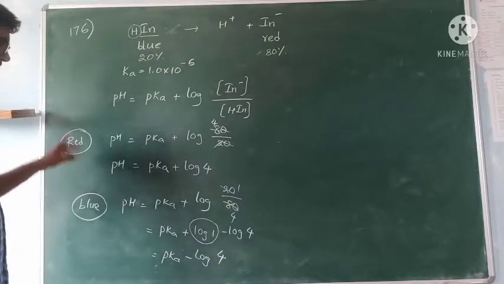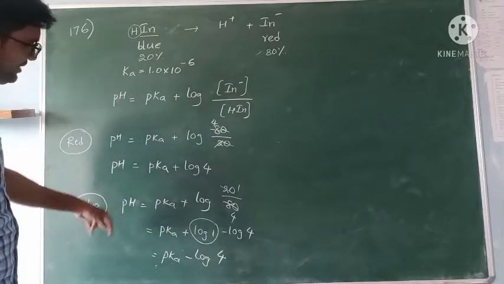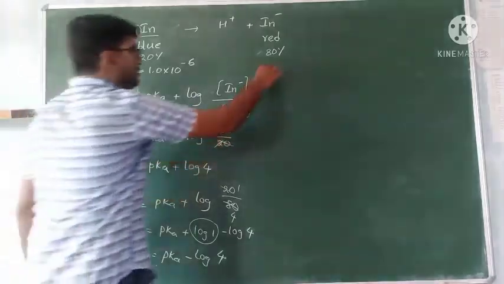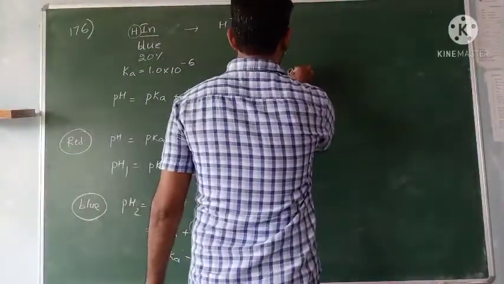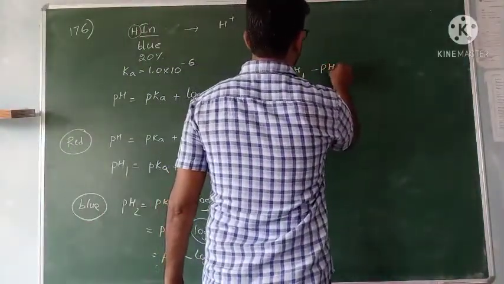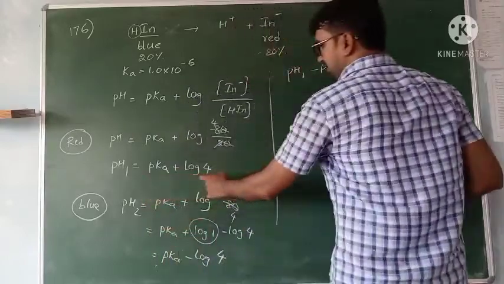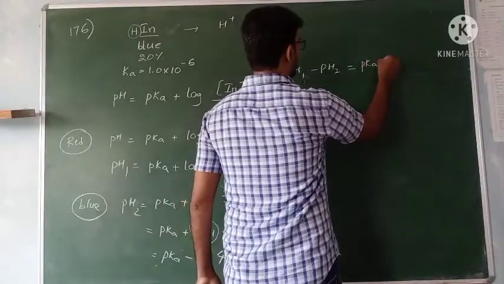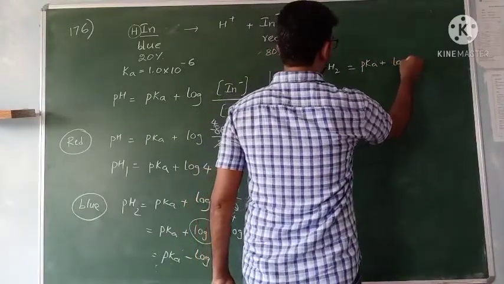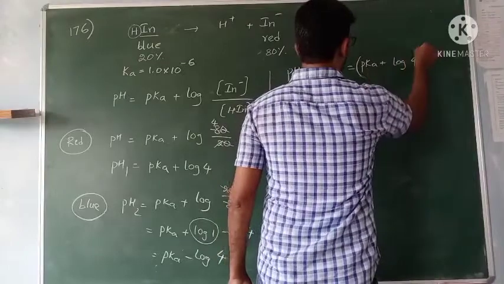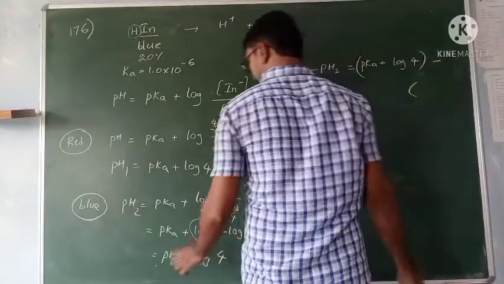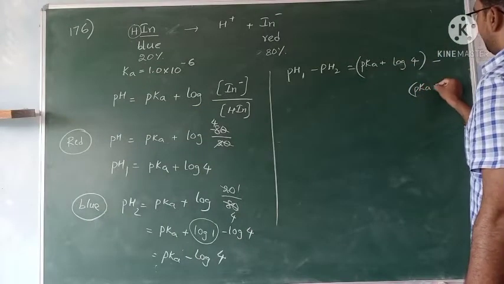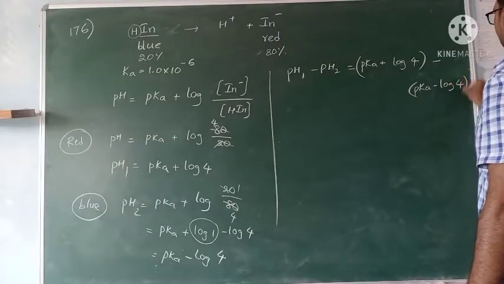Okay? So now what is the change? What is the difference between these two? If this is taken as pH1, this is taken as pH2. Now calculate the change, pH1 minus pH2, is equal to pH1 value, pKa plus log 4, minus pH2 value, pKa minus log 4.